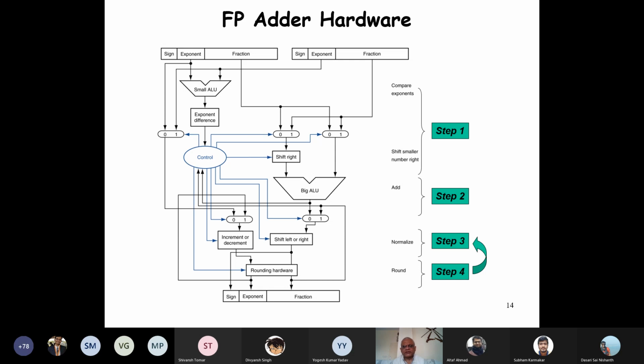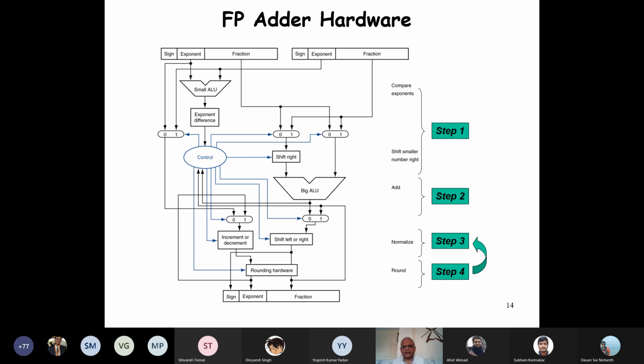Designing has become much more straightforward than what it used to be 20 years back. We don't really do this at the logic gate level. We do it at this level, because by using a hardware description language, hardware development has become more like programming. We just identify the components and write that we are using these components.